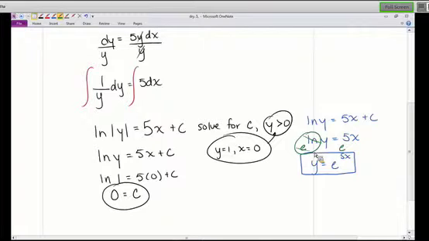The reason you're doing that is because you have to solve the equation for y. It's not good enough to leave it in terms of ln of y. You need to solve for y. So you can't leave it in terms of ln, you actually have to solve for y by taking the base of e on both sides.